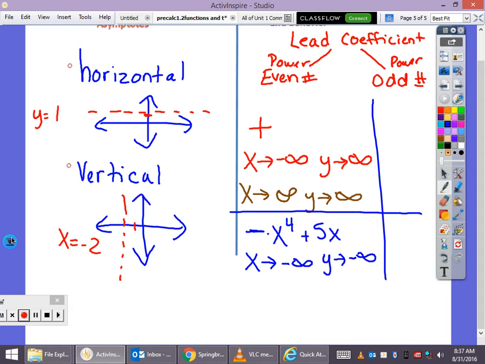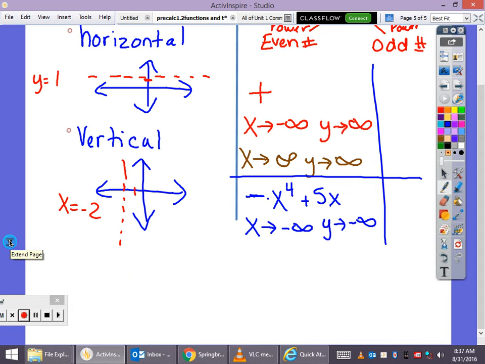Again, when in doubt, try a number. It'll make life easier. So this time, I'm going to pick a positive number for x. What number would you like me to choose? 6. 6 to the fourth power. I know 6 to the third is 216, and then I multiply by 6.